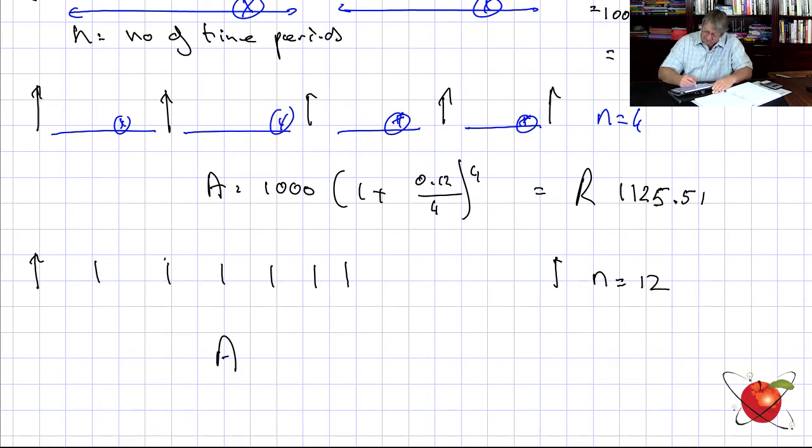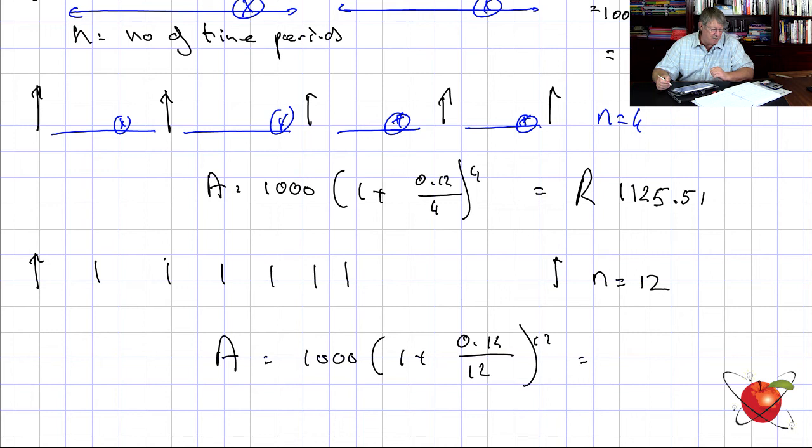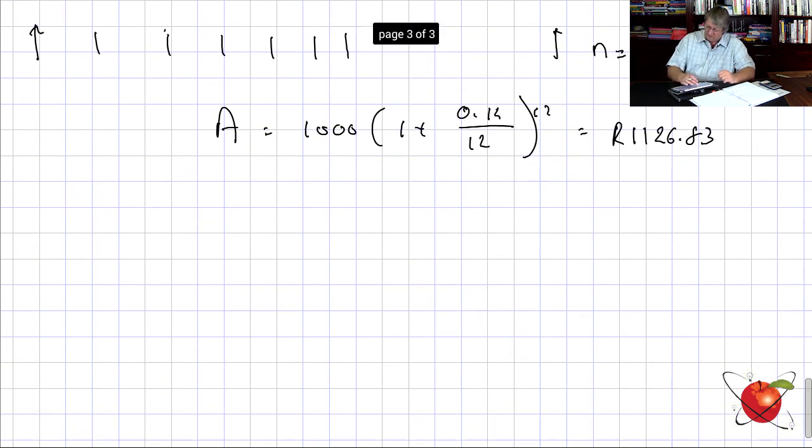Therefore, my amount that I get is 1,001 plus my interest, 0.12 over 12, all to the power of 12, and that's going to be equal to 1126.83. This is what we call the nominal and the effective rate, all right?